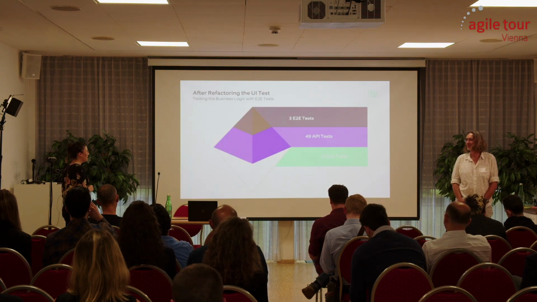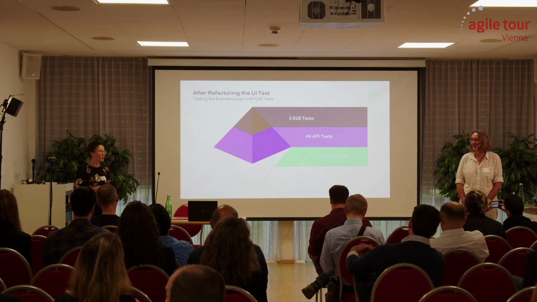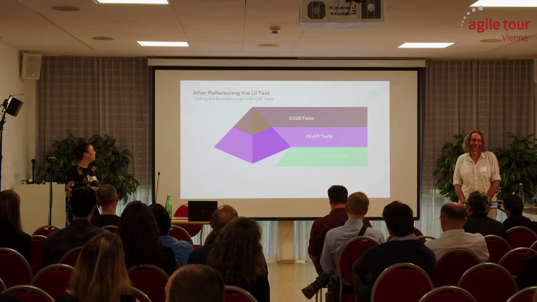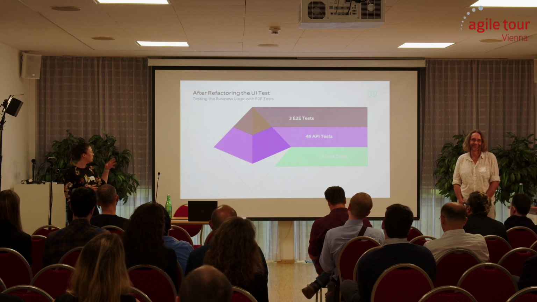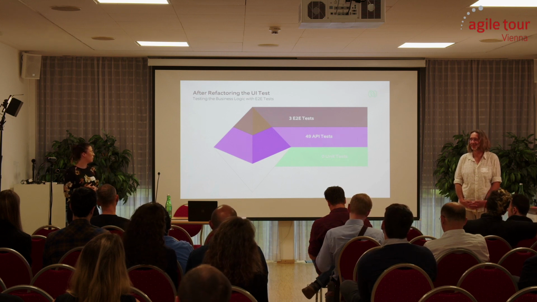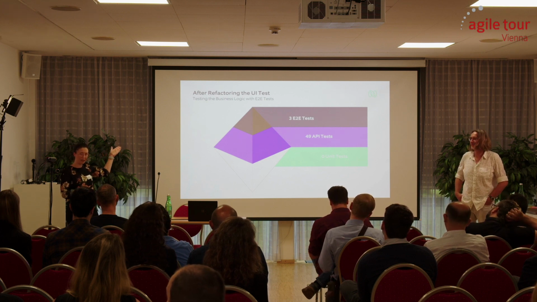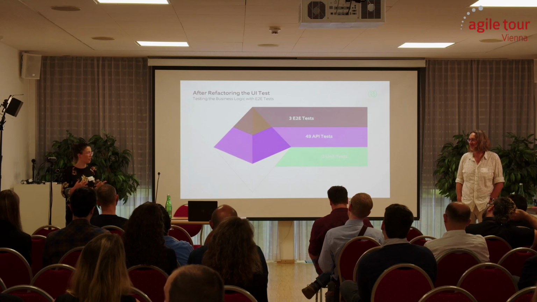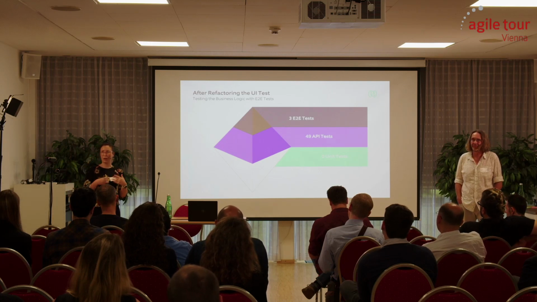And now we can actually see for the first time not only our ice cream cone that we have been talking about, but now we refactored our end-to-end tests, and we have this so-called diamond layer that we are now in. You can see we left 3 end-to-end tests because we were thinking about what we need to test through our end-to-end tests.